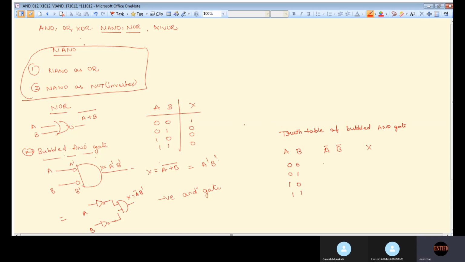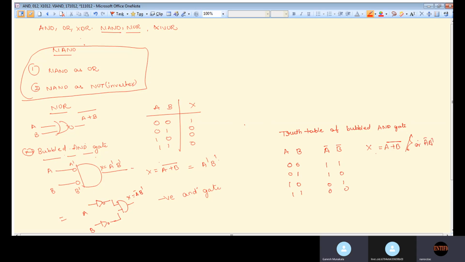And A bar is 1, 1, 0, 0. B bar is 1, 0, 1, 0. And what is X? A plus B whole bar, or it is A bar into B bar.